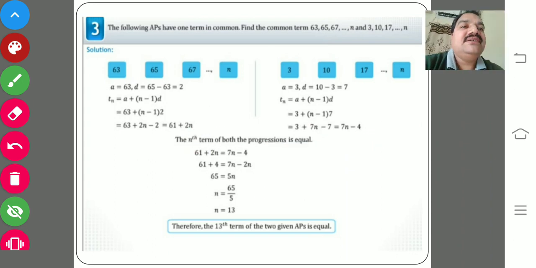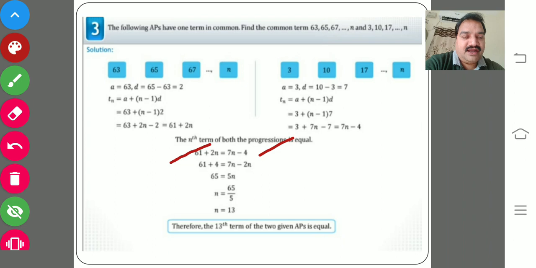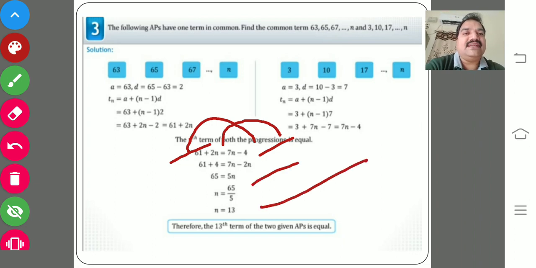So write 61 plus 2n on one side and 7n minus 4 on the other. The 4 comes from RHS to LHS, and 2n is transposed from LHS to RHS. 61 plus 4 equals 7n minus 2n, so 65 equals 5n and n equals 13.